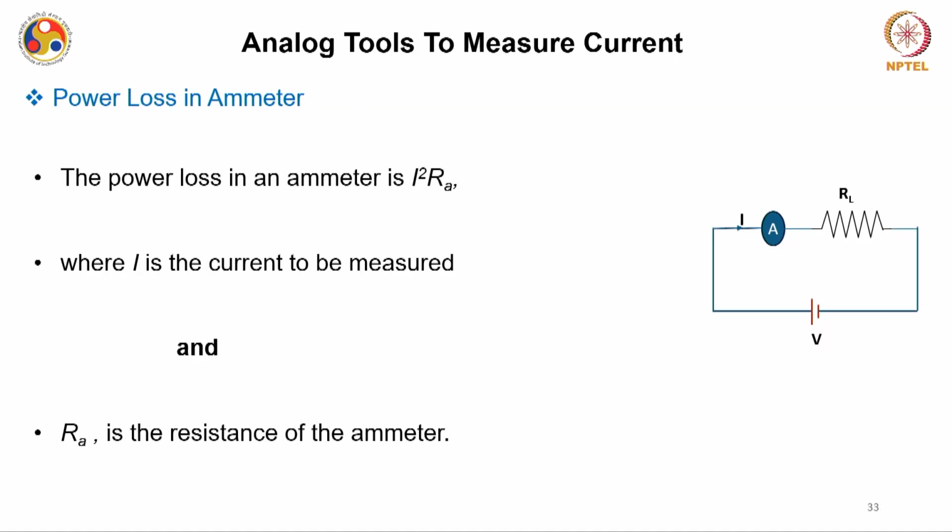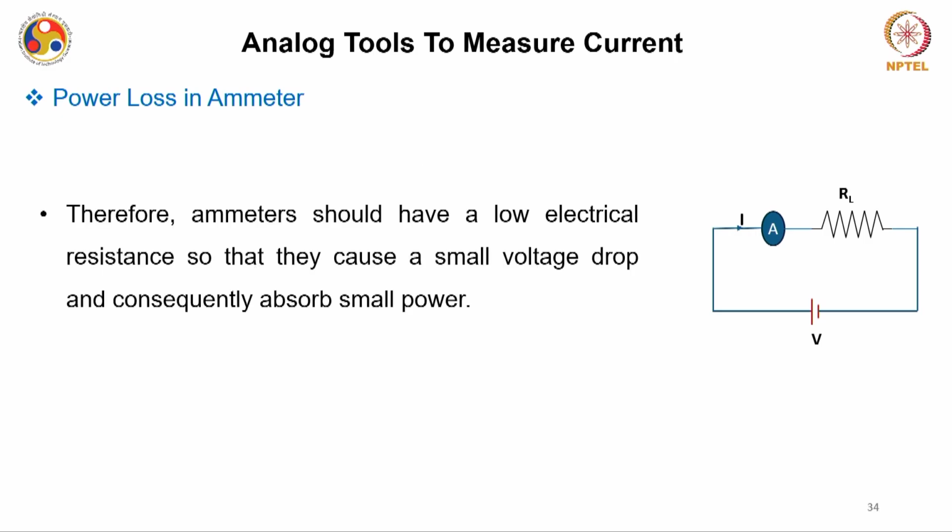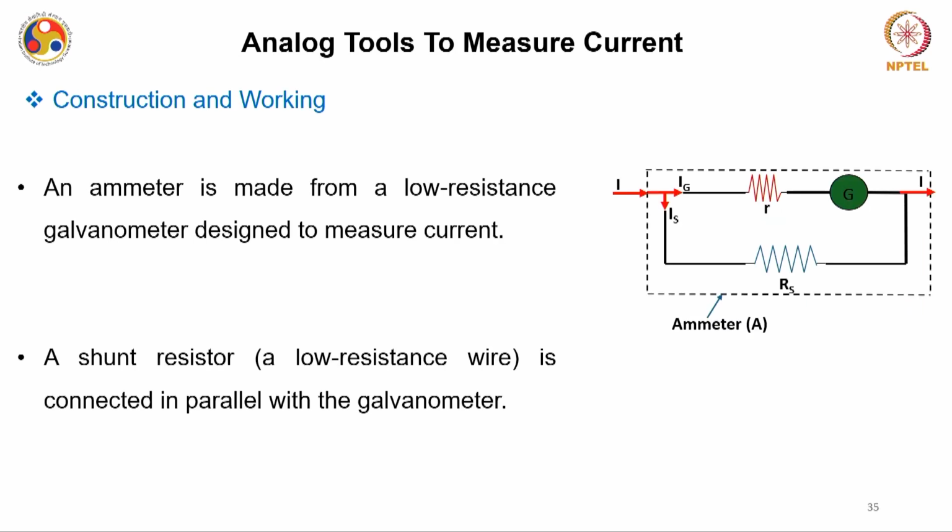The power loss in an ammeter is usually denoted as I squared RA, where I is the current to be measured and RA is the resistance of the ammeter, which, as we have discussed, is very small. The ammeter should have a low electrical resistance, so that it causes a small voltage drop and does not consume very high power. Otherwise, again the circuit conditions will be altered.